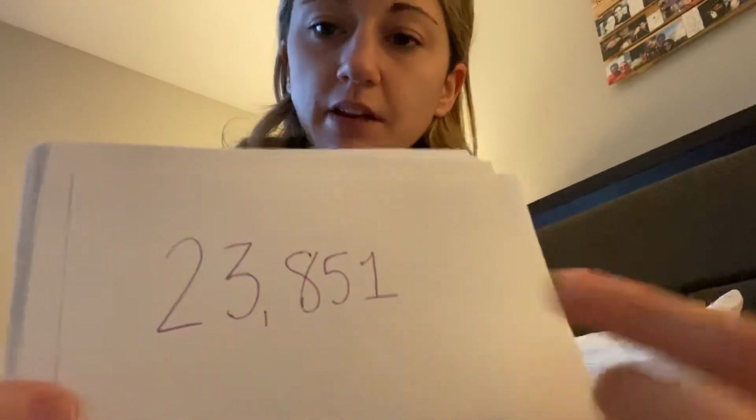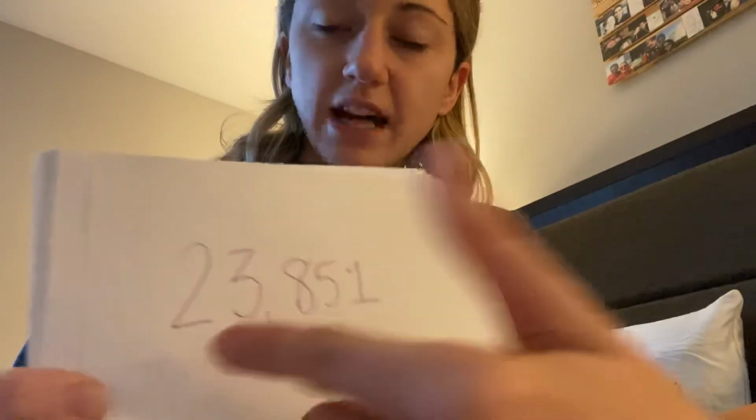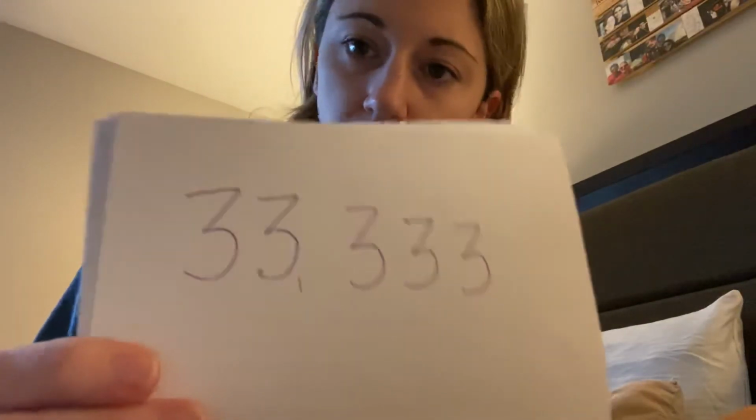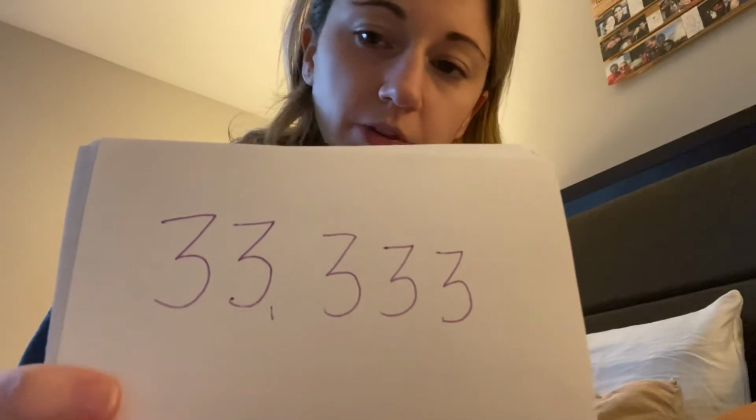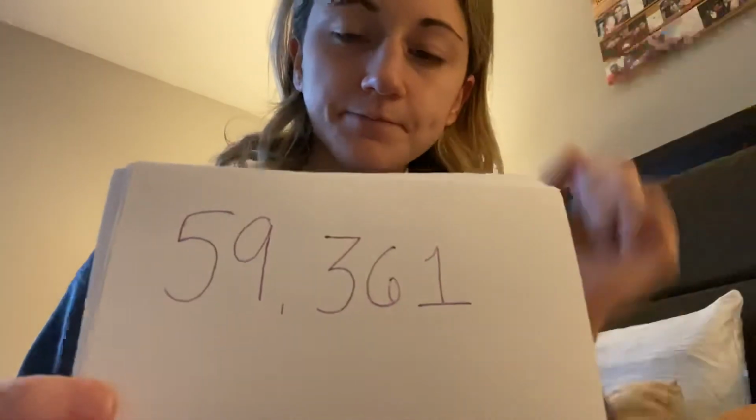11,205. And once we get into these thousands that have double digits in the thousands place, I do have to remind them this whole thing is the thousands place, okay? 33,333. 59,361. 46,521. 63,491.